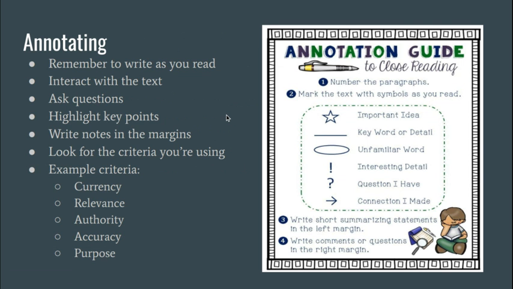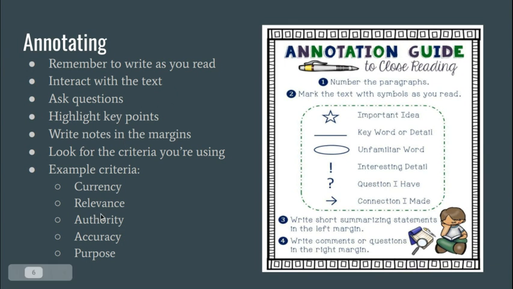So annotating. If you're not familiar with annotating a source, remember that there are lots of different ways to annotate. This is just one example of how you could annotate. But you should remember to write as you're reading. We want to interact with the text by asking questions, highlighting main points, writing notes in the margins.